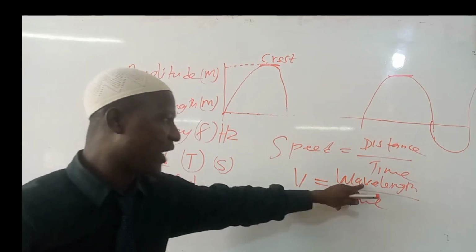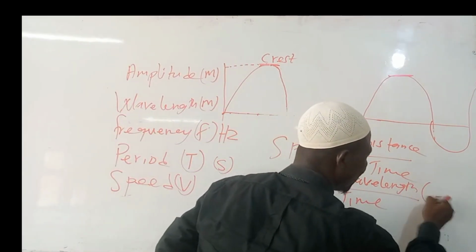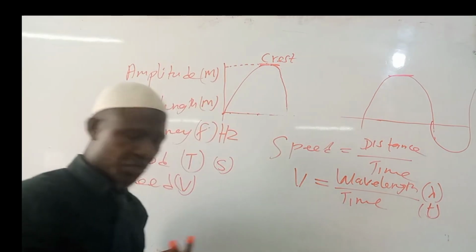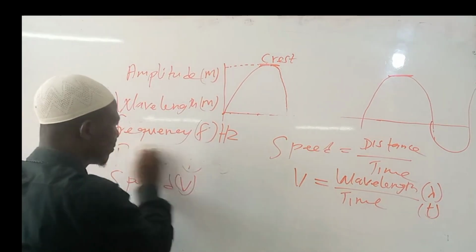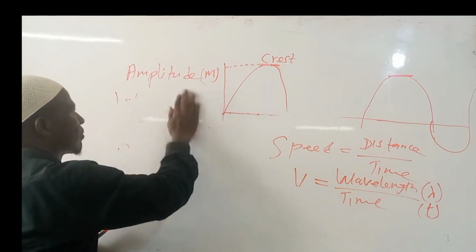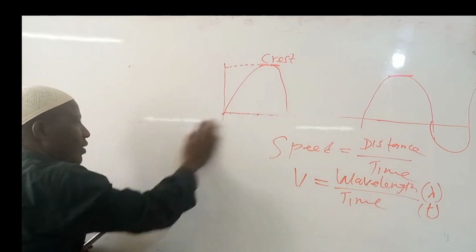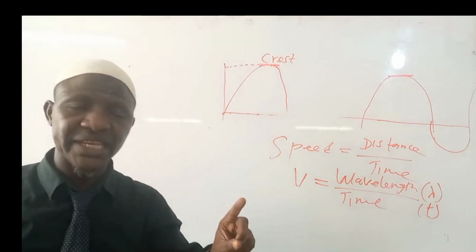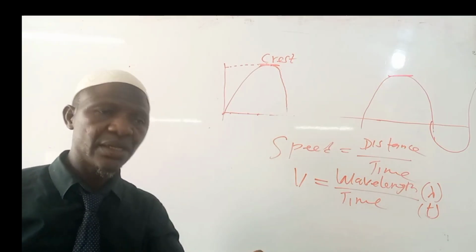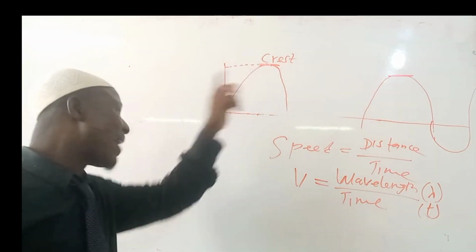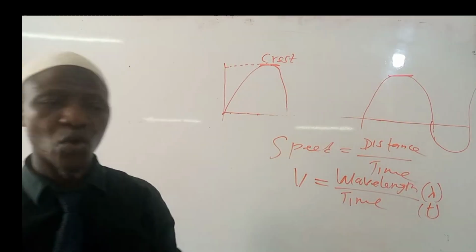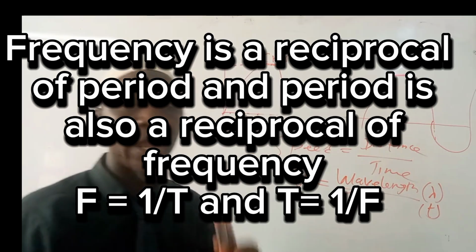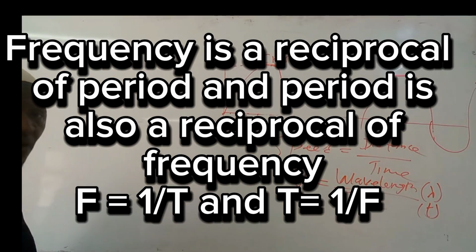Wavelength is represented with lambda, while this one is T. From our definition, since frequency is the number of complete oscillations in 1 second, while period is the time taken to complete one oscillation, frequency is the reciprocal of period, and period is the reciprocal of frequency.